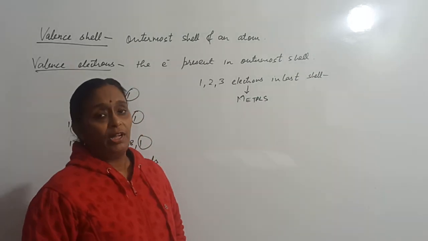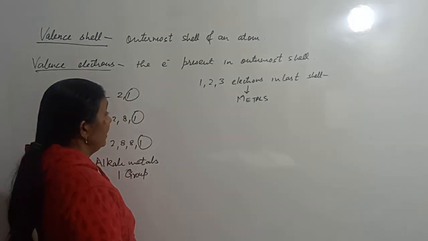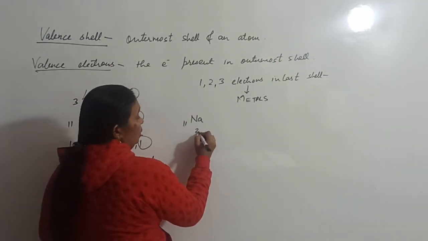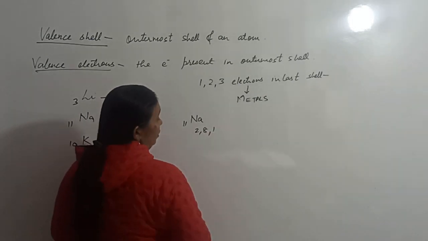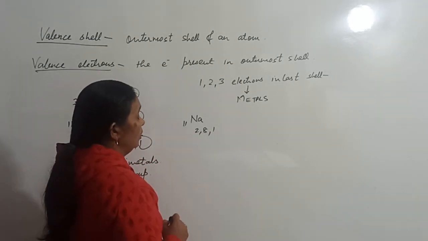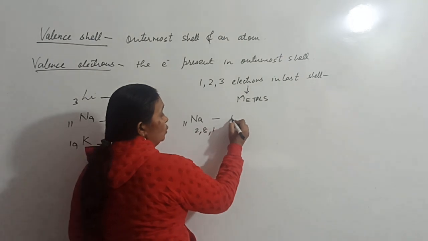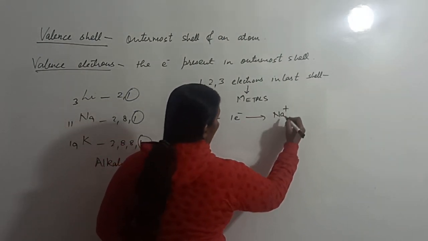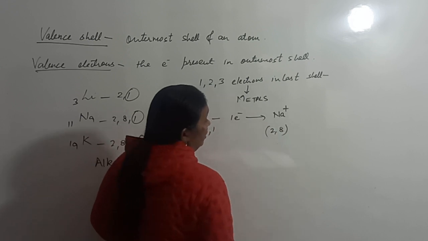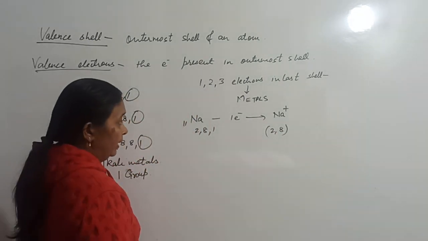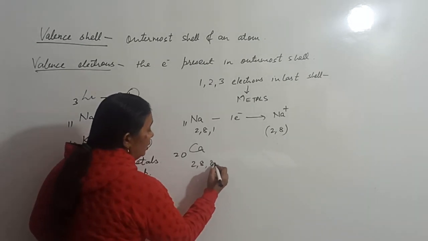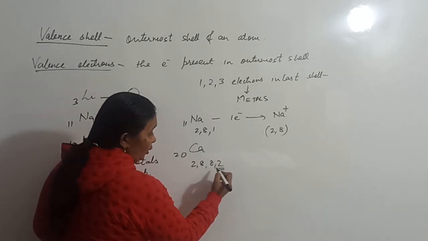Metals have 1, 2 or 3 electrons in the outermost shell. For example, sodium has configuration 2,8,1, with 1 electron in the outermost shell. Now what does sodium do? Sodium has a tendency to lose this 1 electron and form a positive ion, a cation. Another atom like calcium has atomic number 20, configuration 2,8,8,2. It also has 2 electrons in the outermost shell.